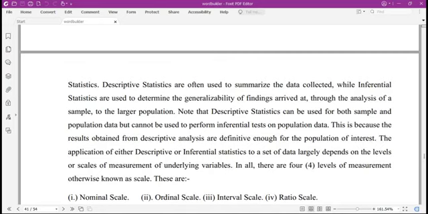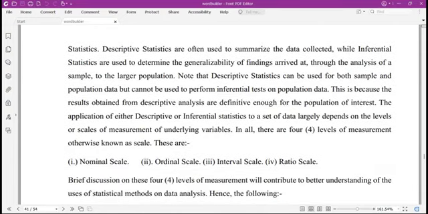The application of either descriptive or inferential statistics to a set of data largely depends on the levels or scales of measurement of underlying variables. Okay, in all, there are four levels of measurements, otherwise known as scale.